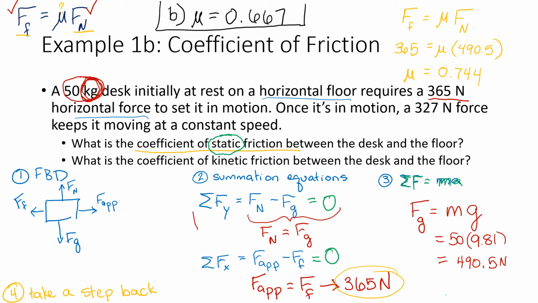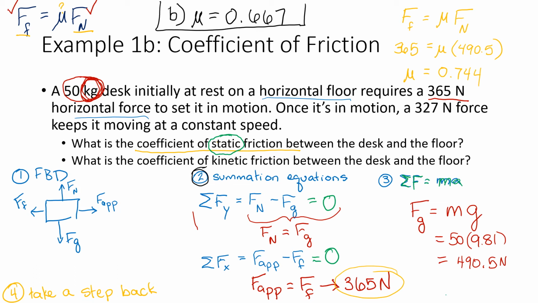What do y'all think so far? Where would you get stuck on any of these? What would be the step where you get stuck? The summation equations part? If you've got your free body diagram, then you're pretty much just looking at the free body diagram to get the summation equations, right?